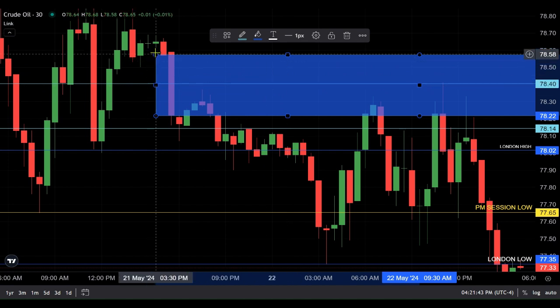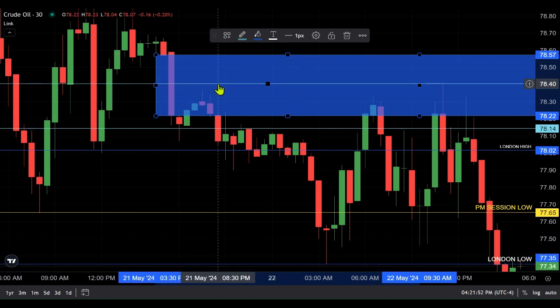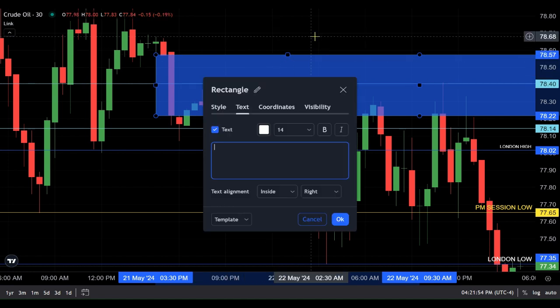So then I drew the Fibonacci, this blue line in the middle, and that is called consequent encroachment. Let me write it in there for you. Consequent encroachment.